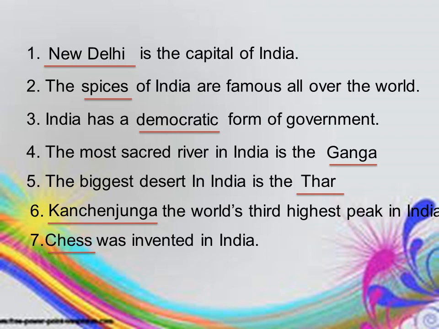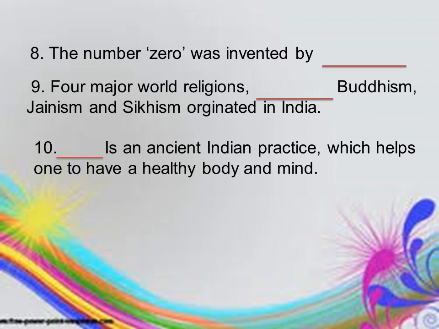Chess was invented in India. The number 0 was invented by Aryabhatta. Four major world religions, Hinduism, Buddhism, Jainism and Sikhism originated in India. Yoga is an ancient Indian practice which helps one to have a healthy body and mind.